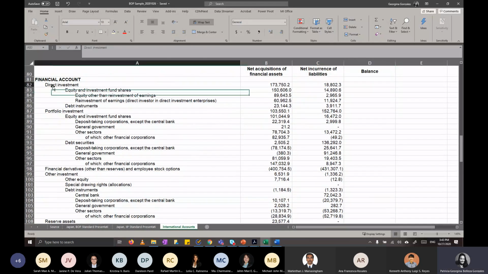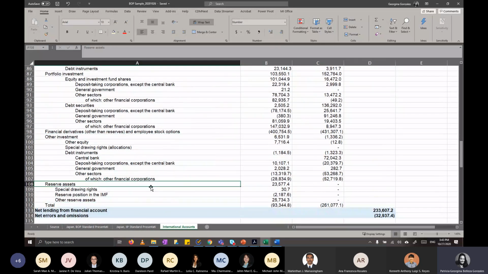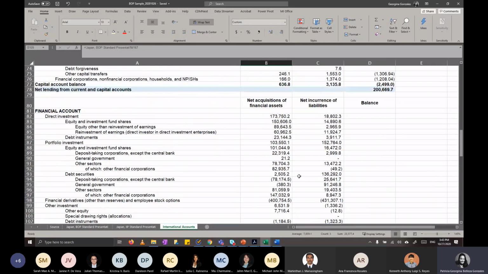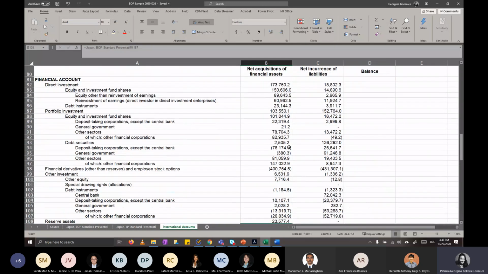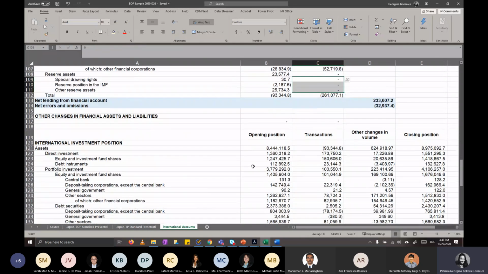Here you have the functional categories, reserve assets. Reserve assets are notably placed under net acquisition of financial assets only. There is no liability item for this.